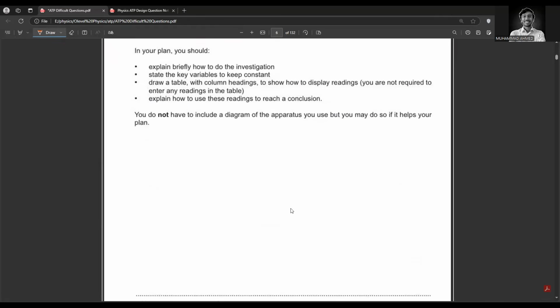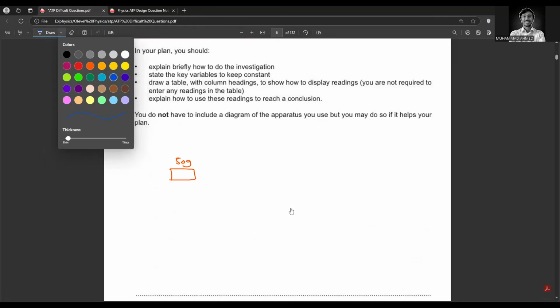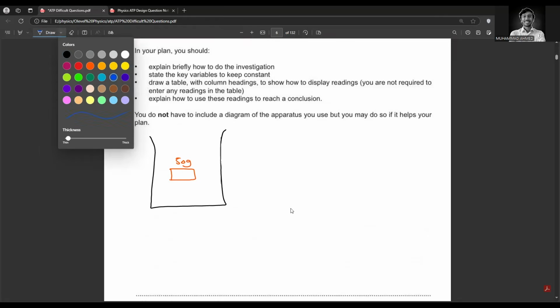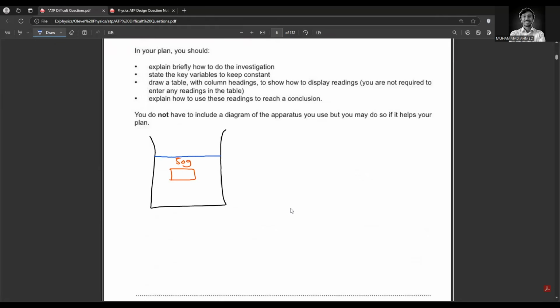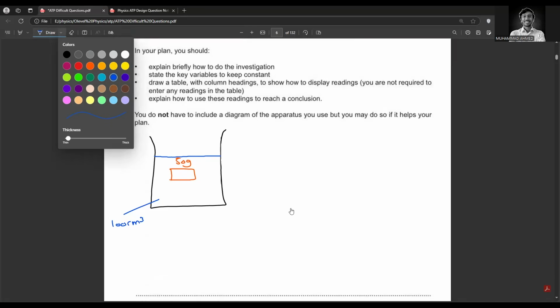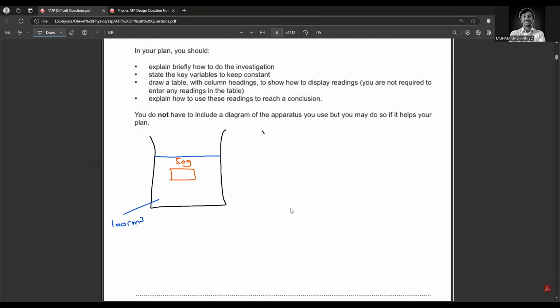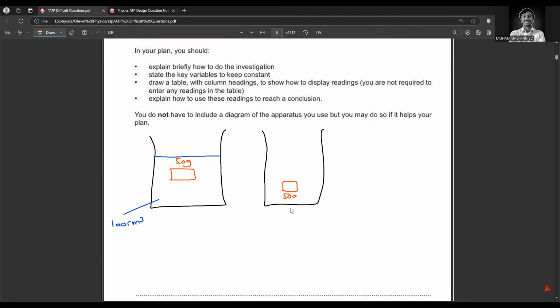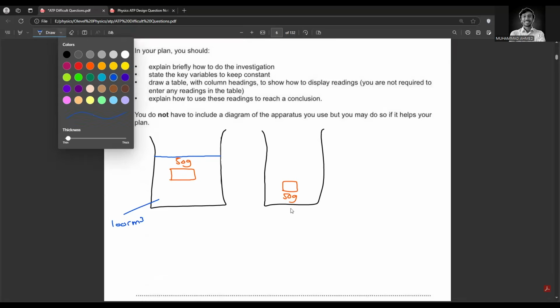Let's say you are placing a 50 gram ice cube in 100 cm cube of water, and then let's say you are placing this 50 gram ice cube in 50 cm cube of water.